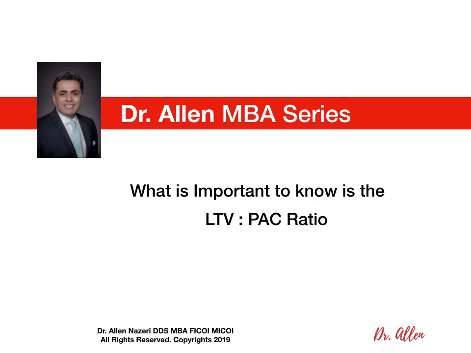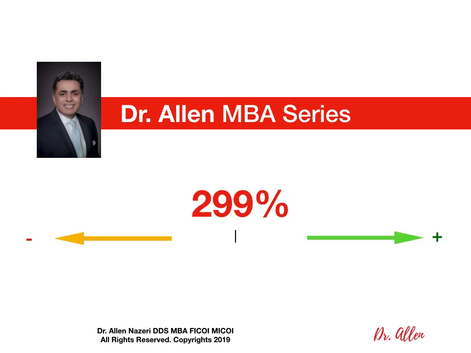Now, the number that is very important for me to know when I work with my clients is the LTV to PAC ratio. So if you remember from our example, we had figured out our LTV to PAC ratio was 299% for the example that I used.